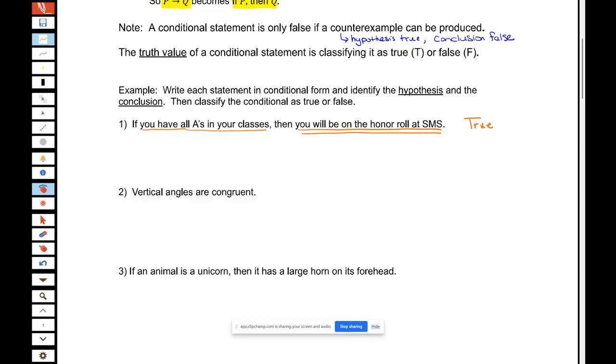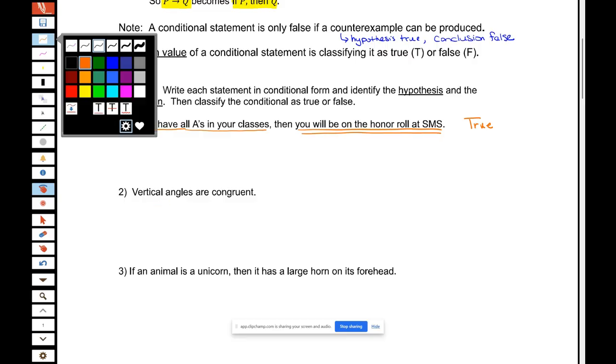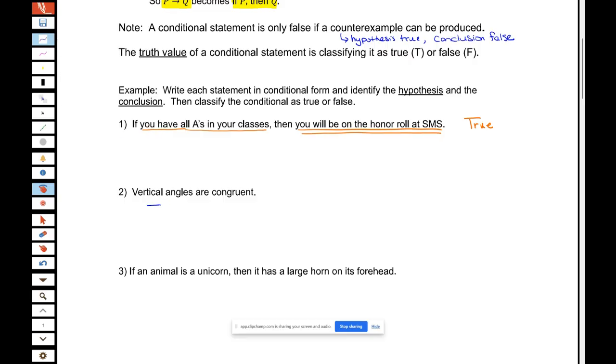All right, the second one: vertical angles are congruent. That one is not written in conditional form. So what we need to do is rewrite it first as an if-then statement so that we can say what the hypothesis and what the conclusion are. So I'm going to rewrite that.